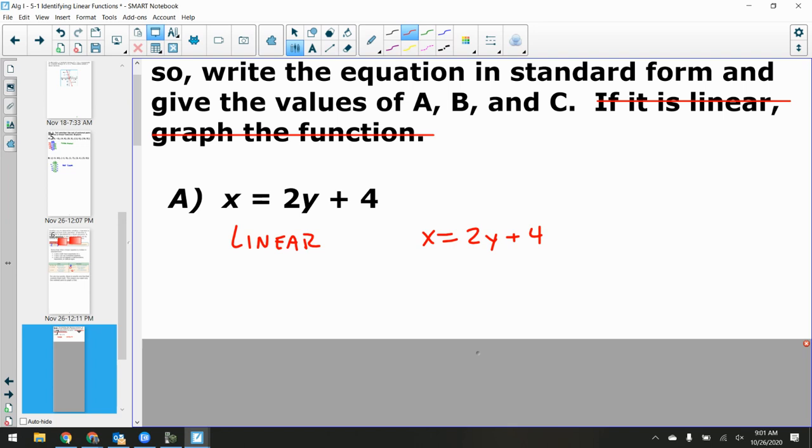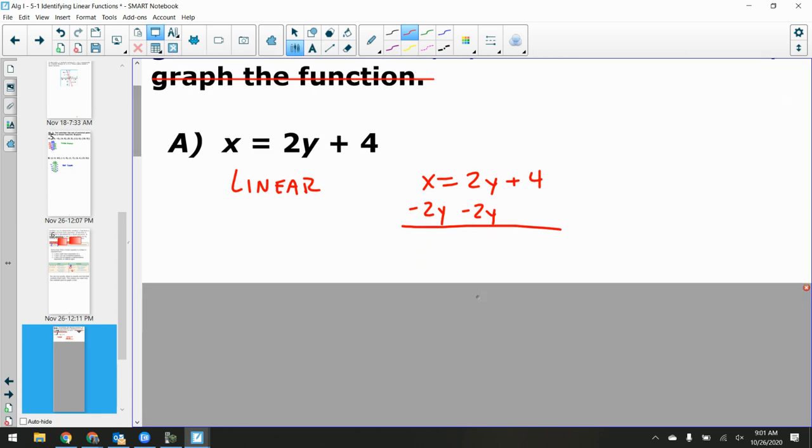I would be dividing if I wanted to break apart the 2 and the y, but I want to bring them over as one chunk, so I'm going to subtract 2y. Oh, that's right. This is that section in chapter 2 that everybody hated, manipulating the equations, right? This is why, if you really paid attention and learned what you needed to learn back then, this isn't going to be too bad. x minus 2y is equal to 4.